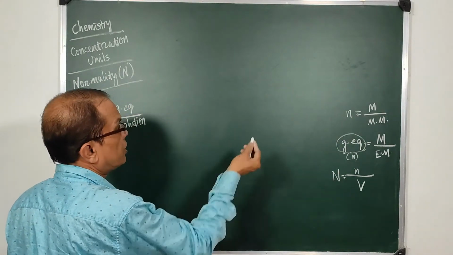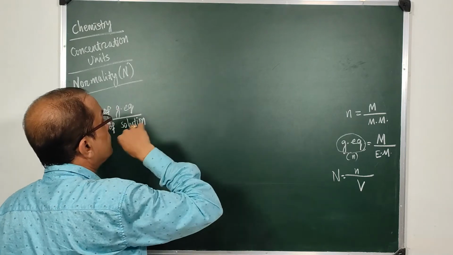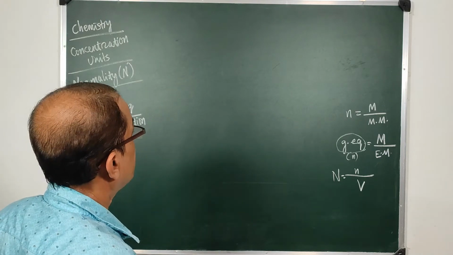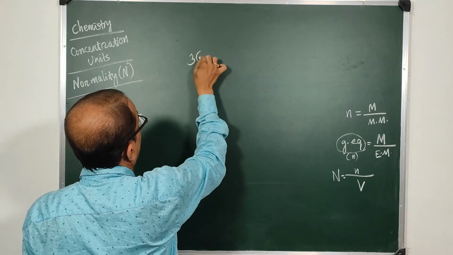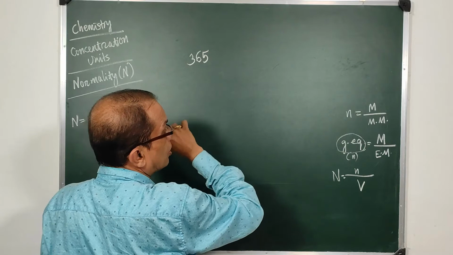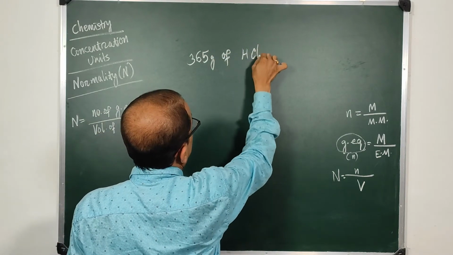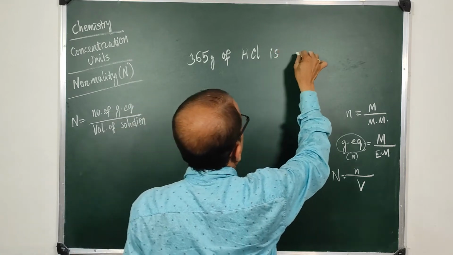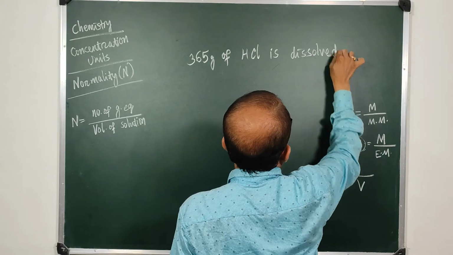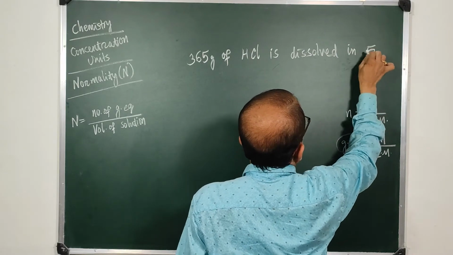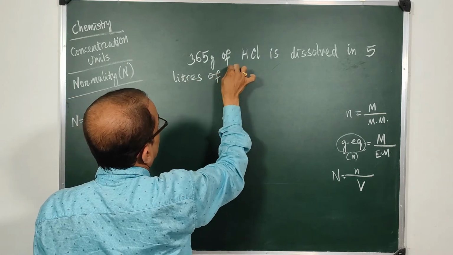Suppose I am using hydrochloric acid. Suppose 365 grams of hydrochloric acid is dissolved in 5 liters of water.